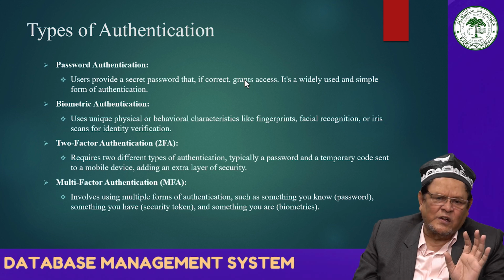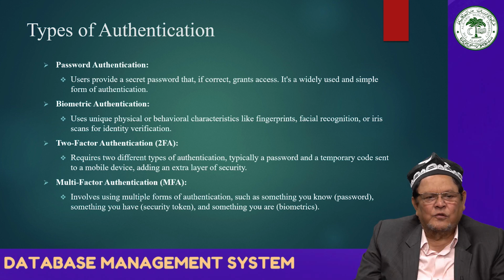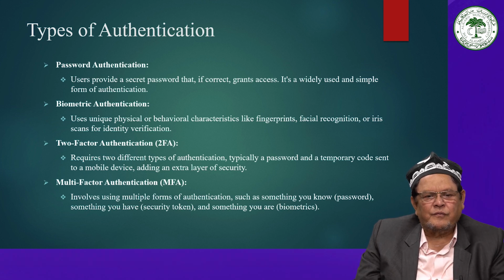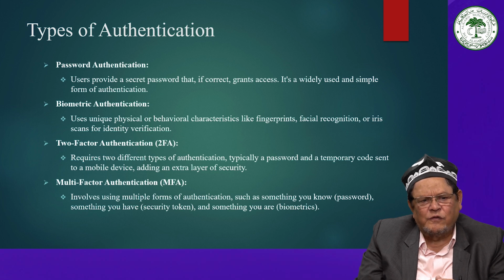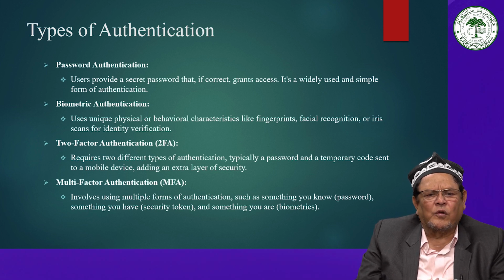The password is there, and you add an extra layer of security by sending a code to mobile. So if you want to retrieve information more securely, you have to provide authentication in two ways: first the password and then a temporary code sent to mobile.